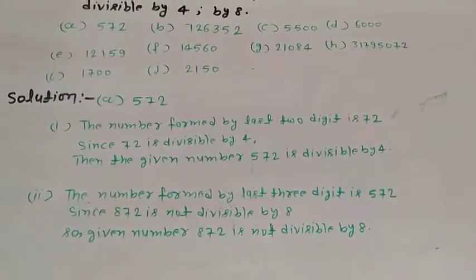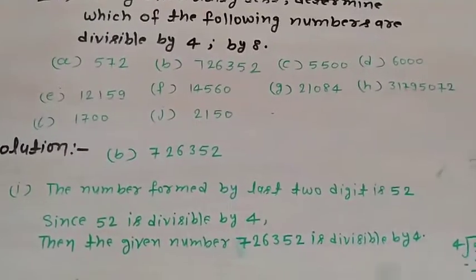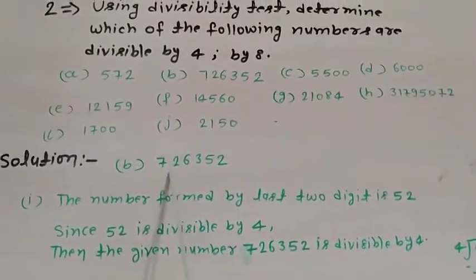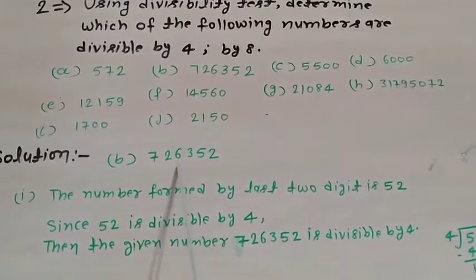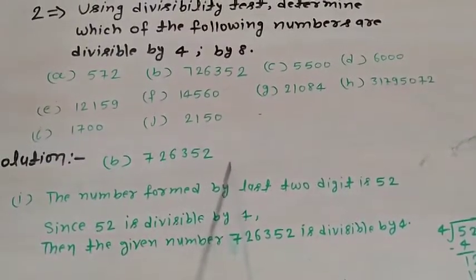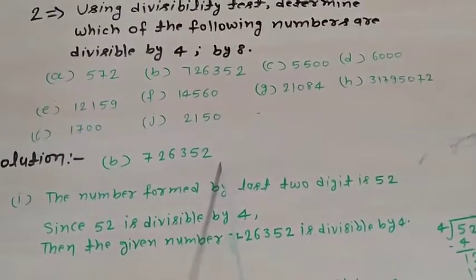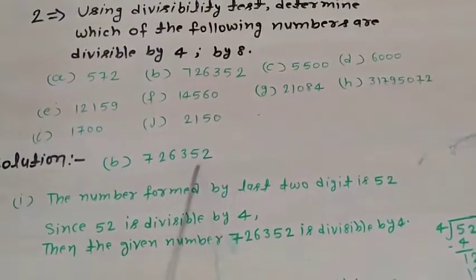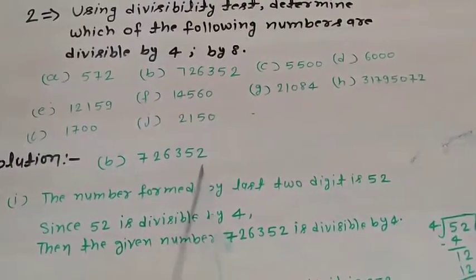Now part B. This is the B part of question 2: 7,26,352. First we check divisibility by 4. For the divisibility test of 4, we take the last two digits and form a number.